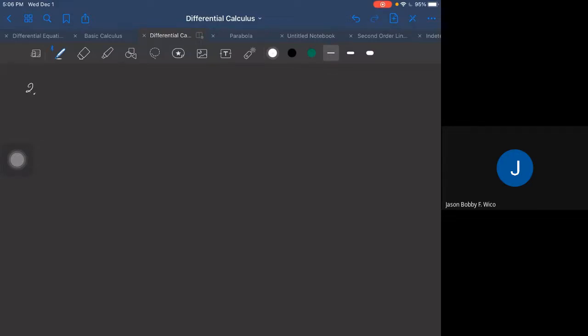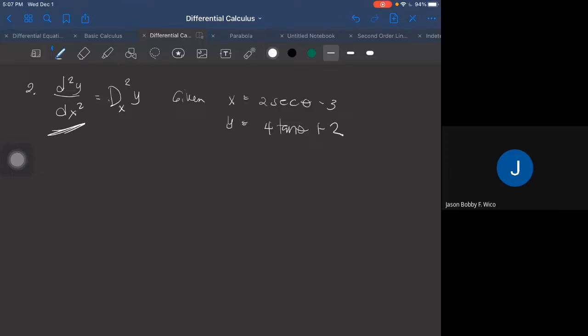Say you're asked to find the second derivative of y with respect to x. You can also, by the way, use another notation. Pagka may makita kayong ganyan, that is the same as this one. Second derivative of y with respect to x. Given, okay, so again, you derive. What is your dy, unahin natin si y, dy d theta.